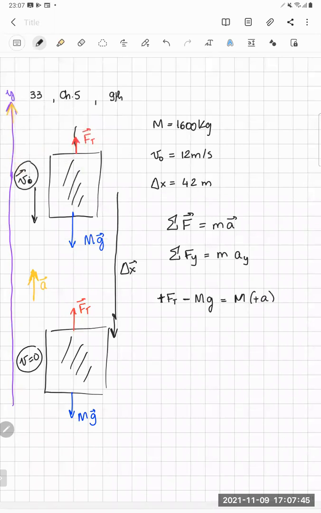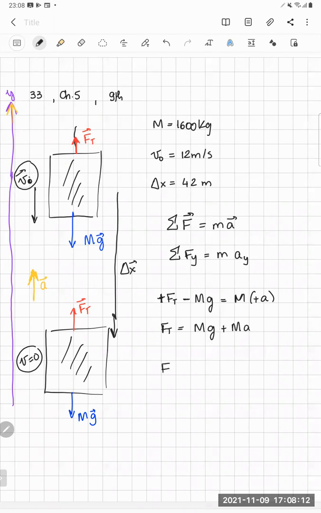Now it's just a matter of solving the problem. What we want is to find this tension force, so this is going to be mg plus ma. Everything here is now numbers because we already took the sign into account. So m is a number and g is a number, no pluses, no minuses.